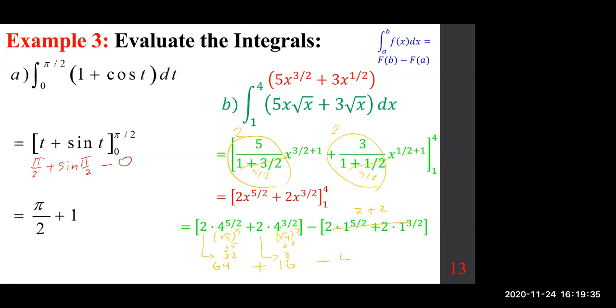Minus 2 plus 2 is 4, and you get 76. Simple calculation, you can do it on your own. I wouldn't worry about that.